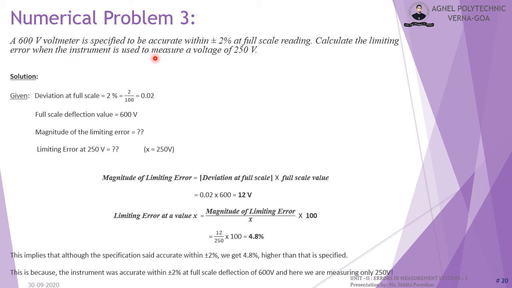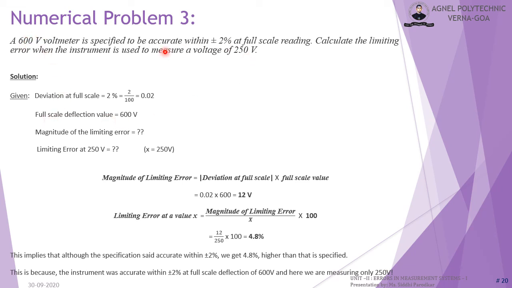Let's read the problem first. A 600 volt voltmeter is specified to be accurate within plus or minus 2% at a full scale reading. Calculate the limiting error when the instrument is used to measure a voltage of 250 volts. So, a 600 volt voltmeter, meaning the full scale deflection value is equal to 600 volts.